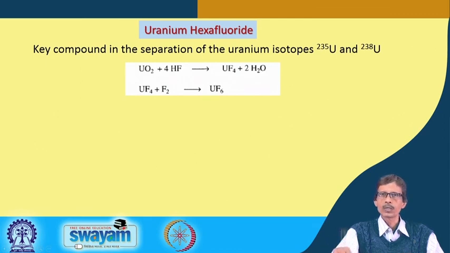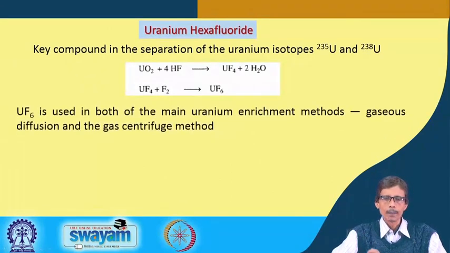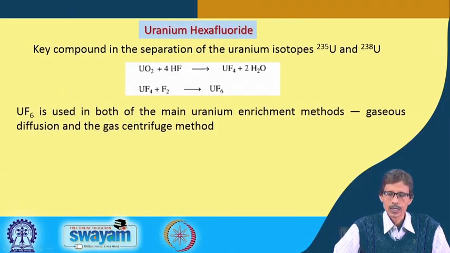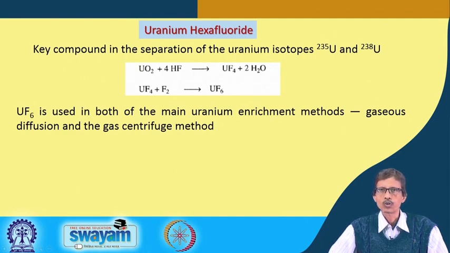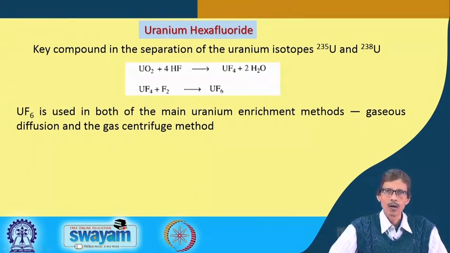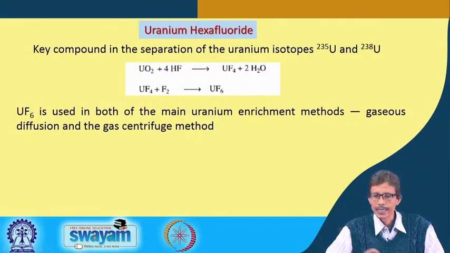UF4 formation is important, which is nothing but the corresponding addition of the fluoride group to the uranium center, which is in the tetravalent state. So, the formation of this is used in the main uranium enrichment method, whether you require uranium 238, because for the corresponding processing for your nuclear chemistry or reactions, you require some of these isotopes to have the corresponding enrichment, whether you go for uranium 238 for the fission reaction or something for the reactors and all other places, we require the enrichment.